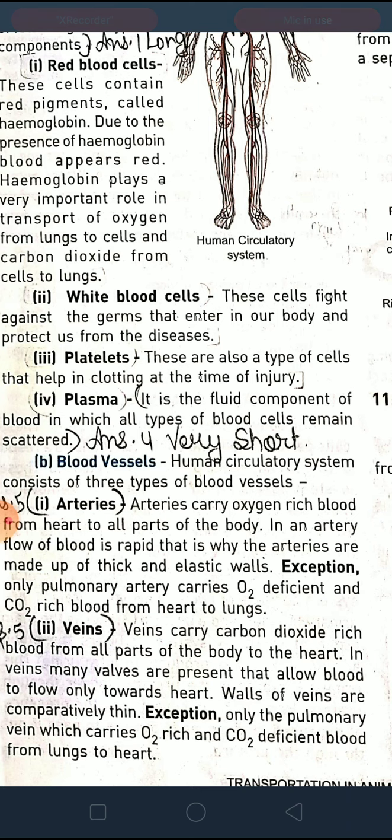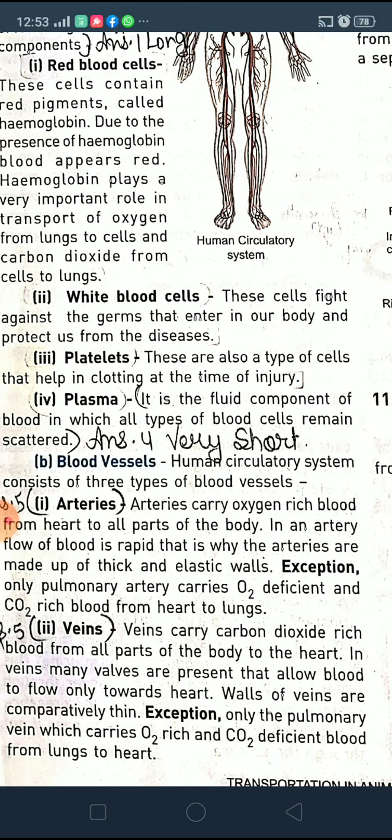In veins many valves are present that allow blood to flow only towards the heart. In between the veins so many valves are there, that's why blood goes in one direction. And the walls of veins are comparatively thin.